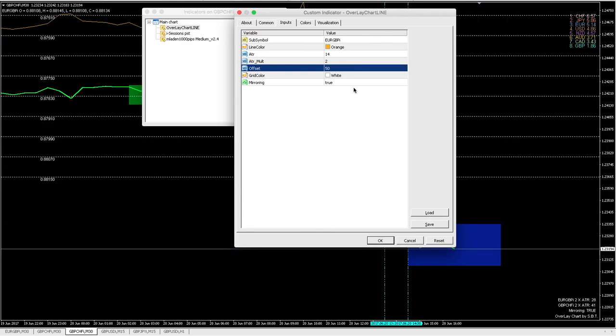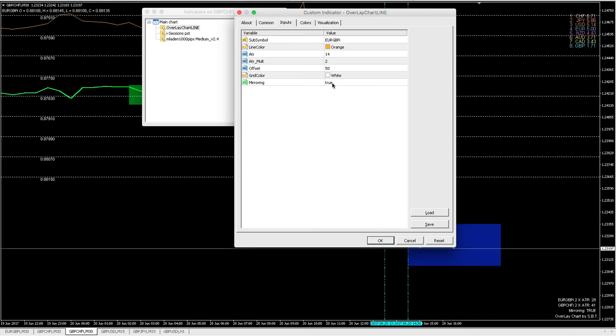And the last thing here of any importance is right here where it says true, and true applies to mirroring. So in other words, a chart is going to mirror these two pairs, so one of them would be reversed to its normal direction.